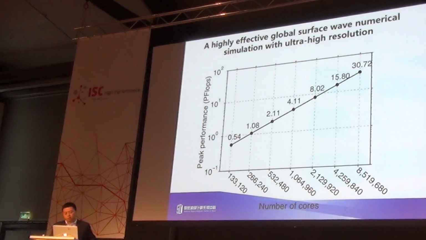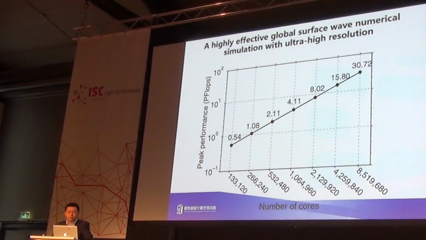This is the performance result we got for this surface wave simulation. We can scale to around 8.5 million cores and achieve a peak performance of 30 petaflops. Of course, this one is using an explicit approach.